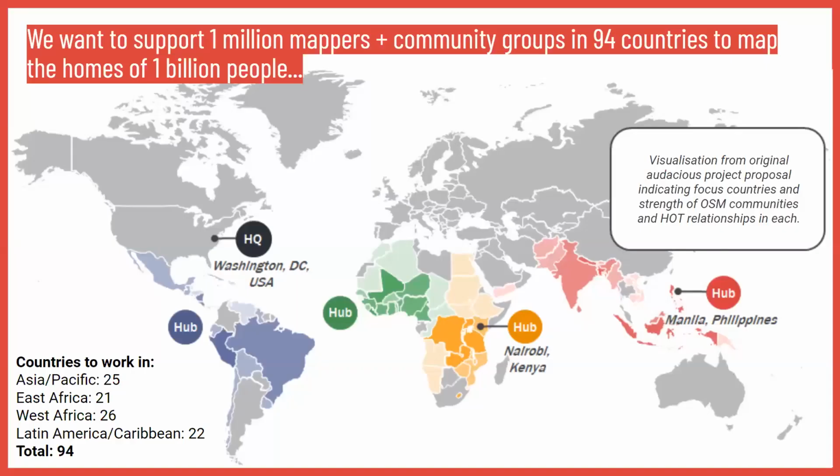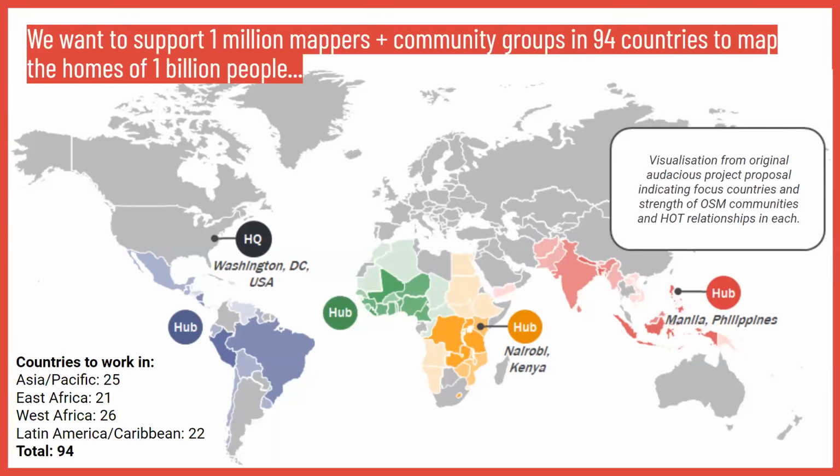Next slide. So we do have this ambitious goal where we want to map a place that's home to 1 billion people in the next 5 years, especially in 94 countries in Asia Pacific, East Africa, West Africa, and also in Latin America and the Caribbean.